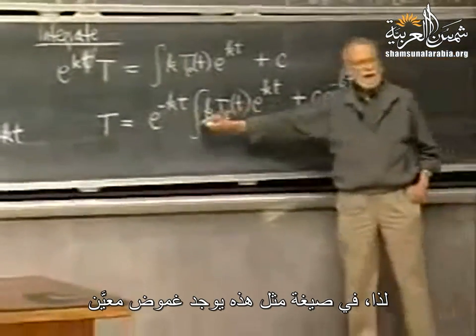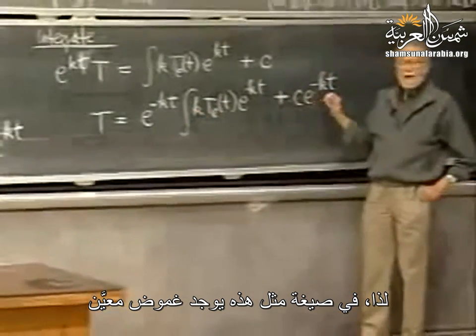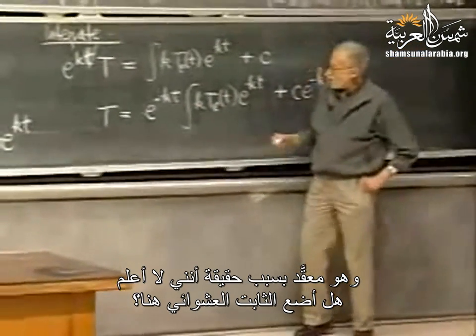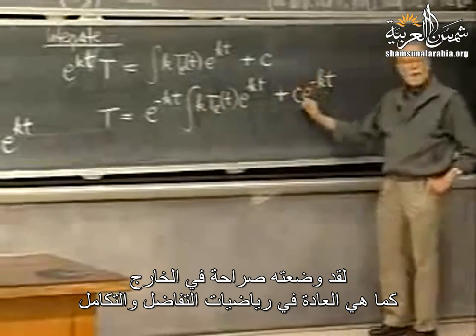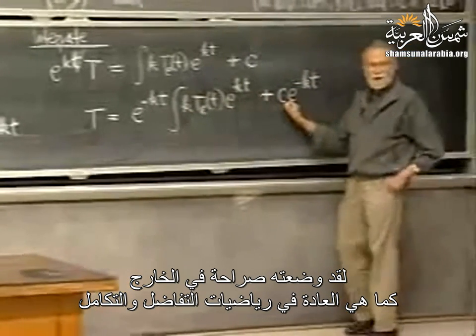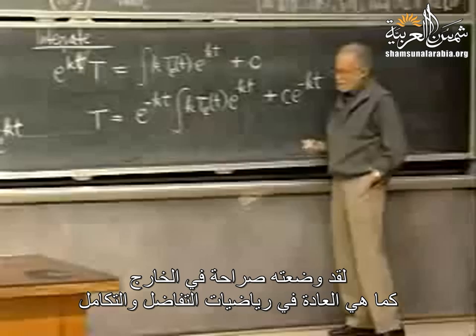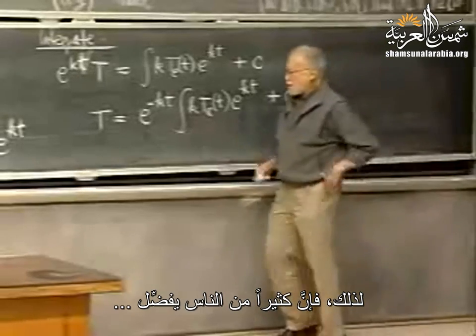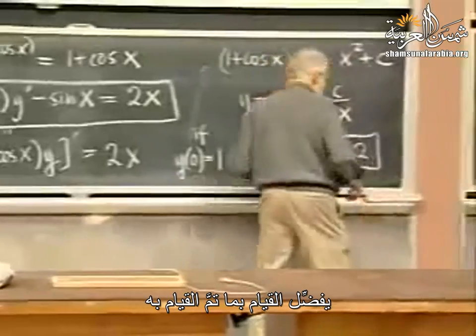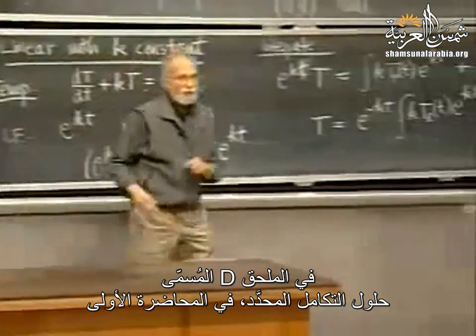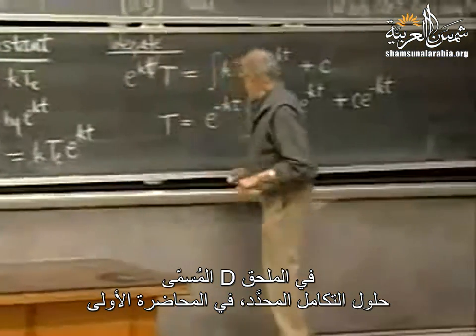So in a formula like this, there's a certain vagueness, and it's compounded by the fact that I don't know whether to put the arbitrary constant here. I seem to have put it explicitly on the outside the way you're used to doing from calculus. Many people therefore prefer, and I think you should learn this, to do what is done in the very first section of the notes called definite integral solutions.